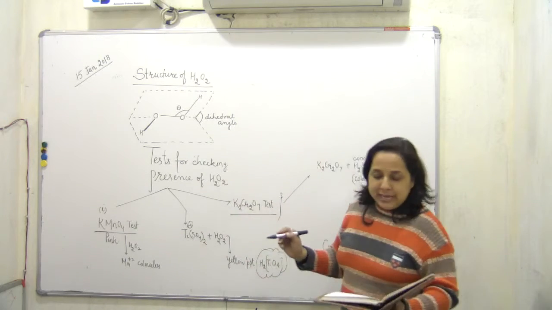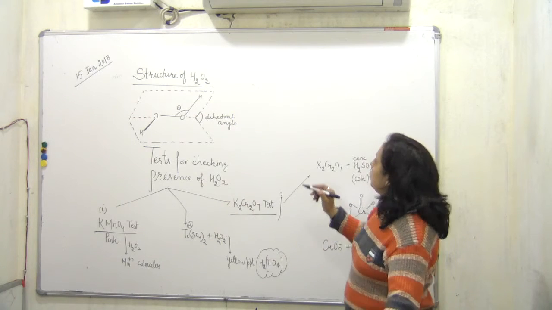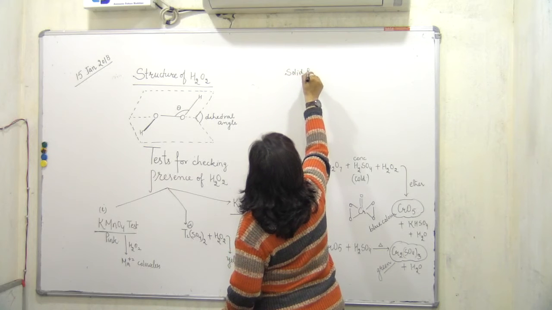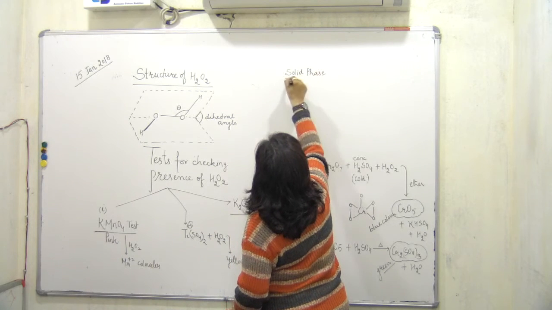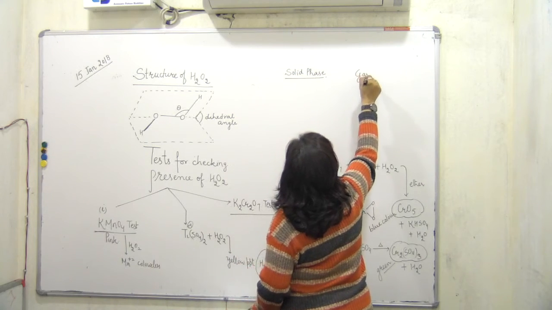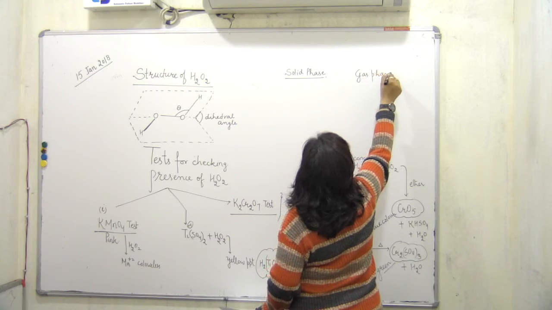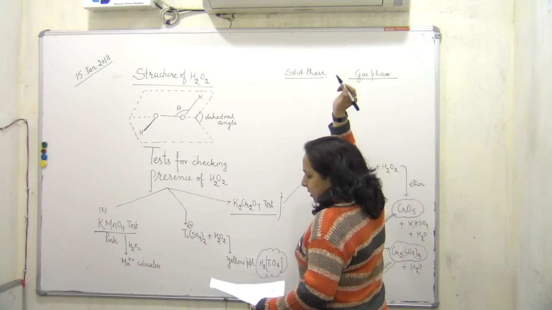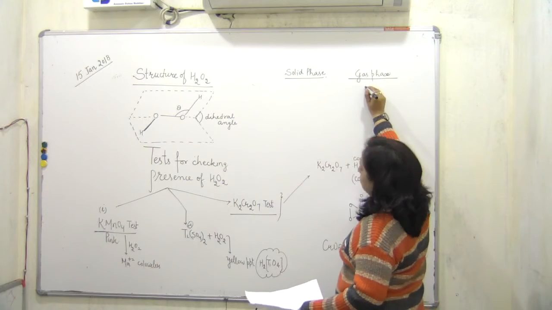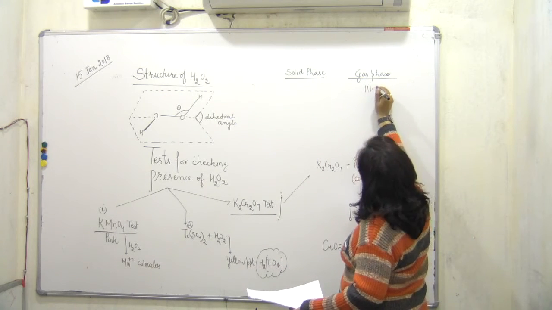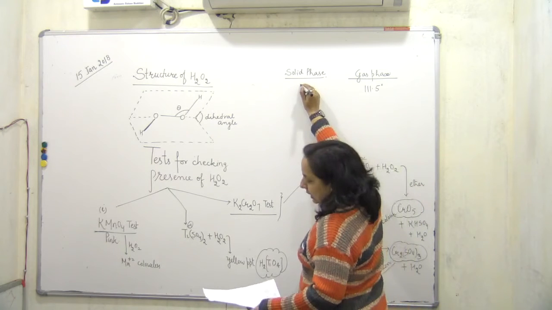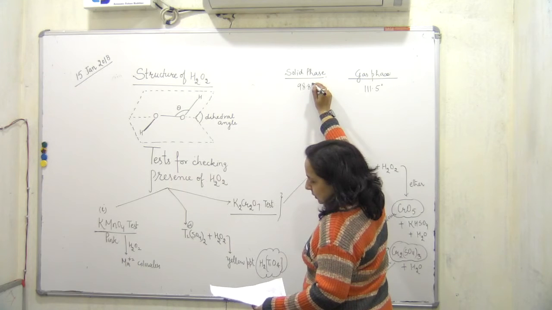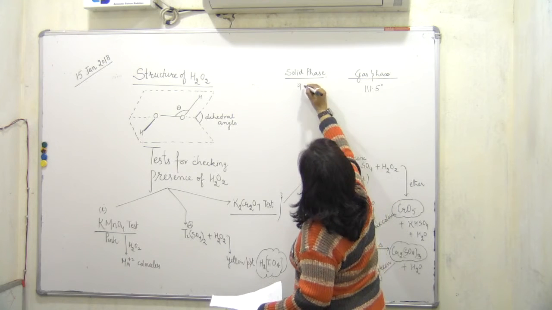Right? Now you must remember that this dihedral angle varies in the solid phase and in the gas phase. In the gas phase, this angle is 111.5 degree, while in the solid phase it is 90.2 degree.